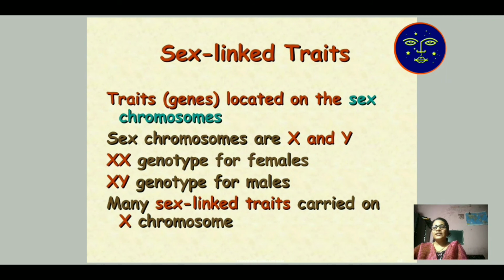Then the sex-linked trait. These are traits located on the sex chromosome. If the sex chromosomes are designated as X and Y, XX is the genotype for a female and XY is the genotype for a male. Many sex-linked traits are carried only on the X chromosome.